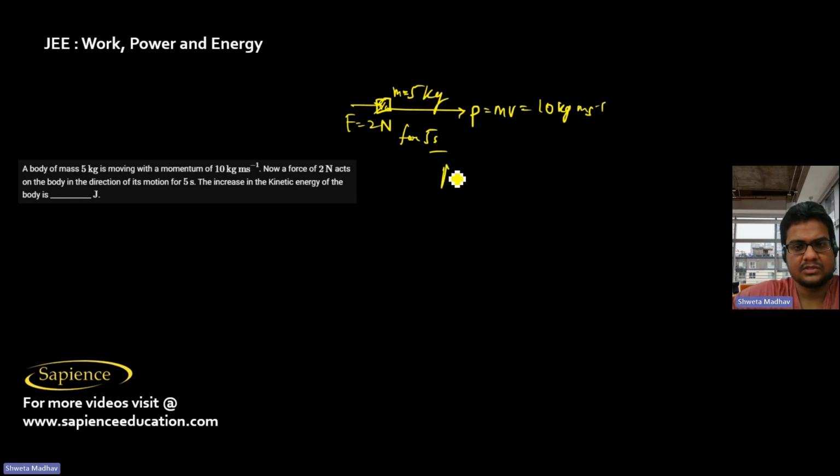So we can say that the change in momentum is equal to the force into the time interval for which the force is acting. So therefore I can say P final minus P initial is F delta T. Here you have to find the increase in the kinetic energy of the body.